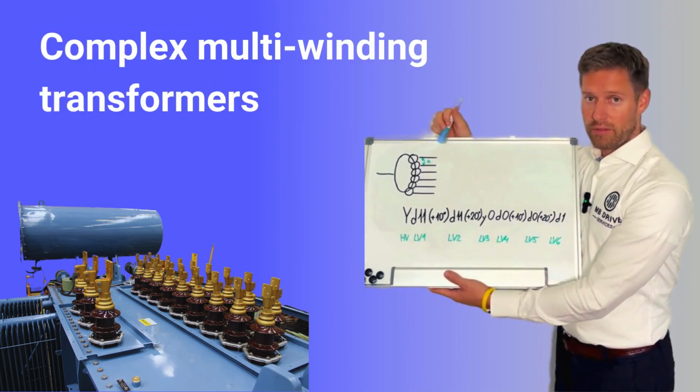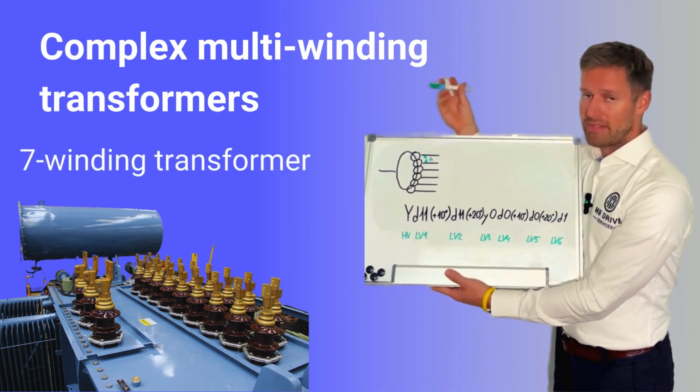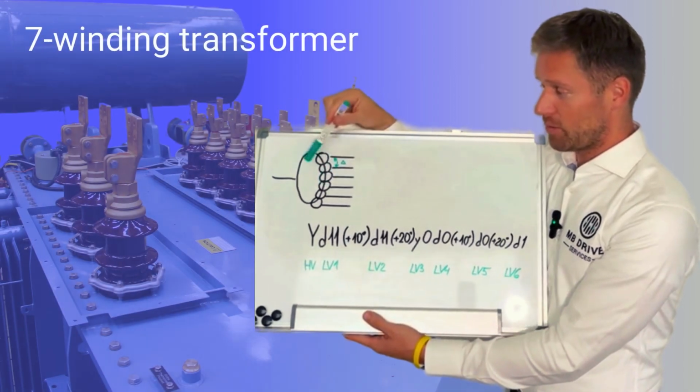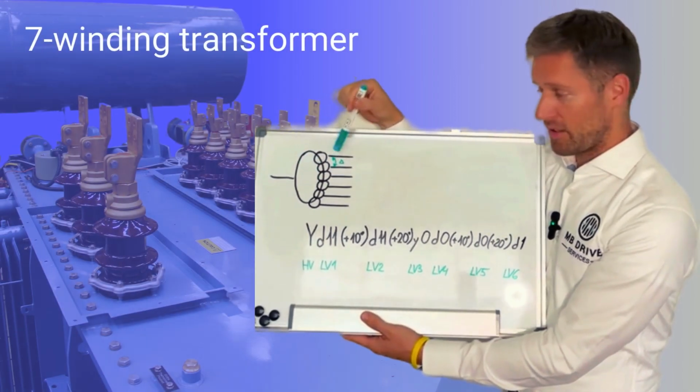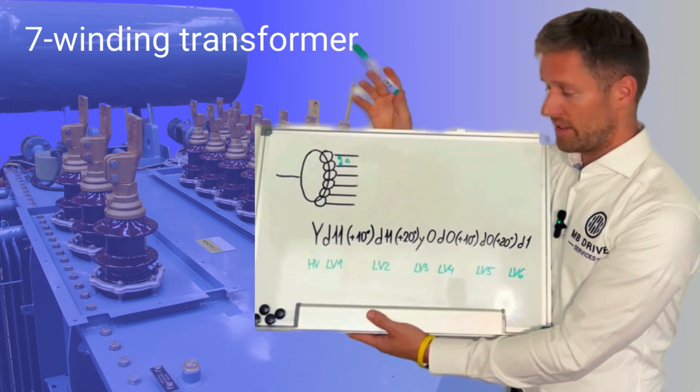So here we have an example of a relatively complex transformer. This one can be called 7-winding transformer. So basically it has 1 primary winding and 6 secondary windings, supplying 36 pulse rectifier in this case.